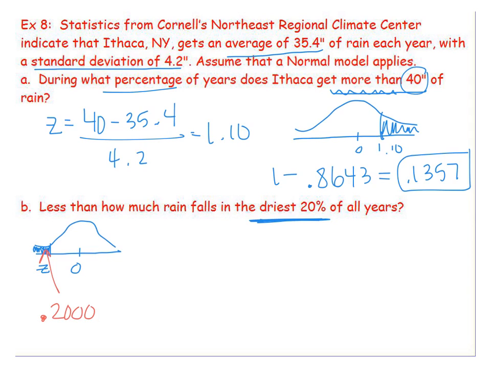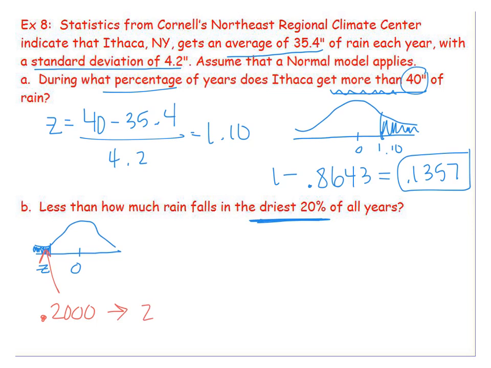Now, it's been a while since we've worked backwards on z-scores. So pick up your blue sheet, go to the negative side, and start looking in the middle for the closest number you find to 0.2000. When you find it, arrow to the left and arrow up and figure out what z-score that actually represents.